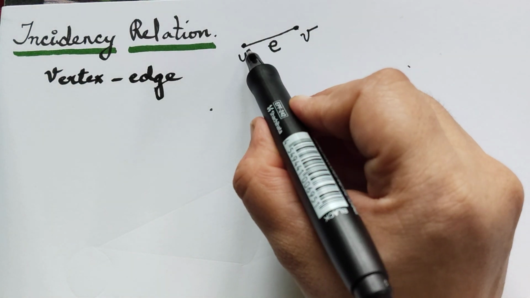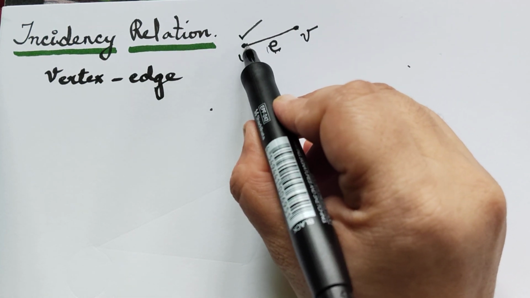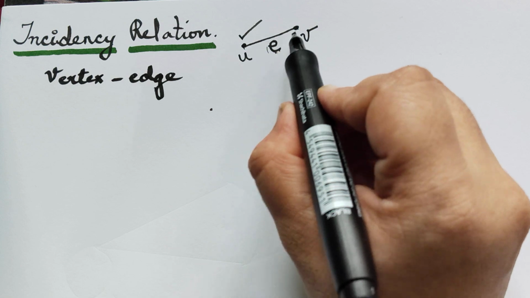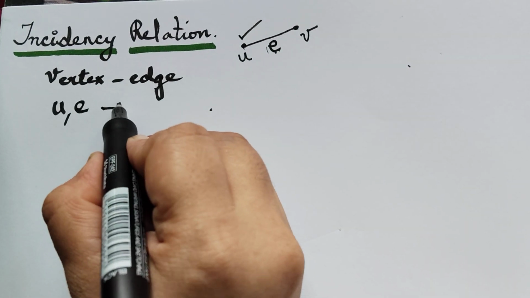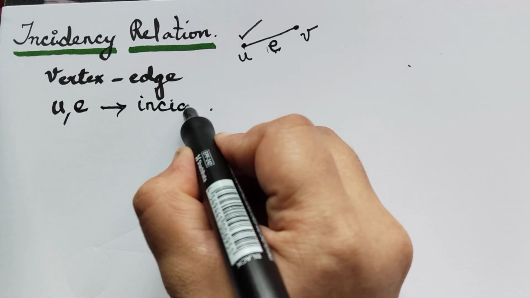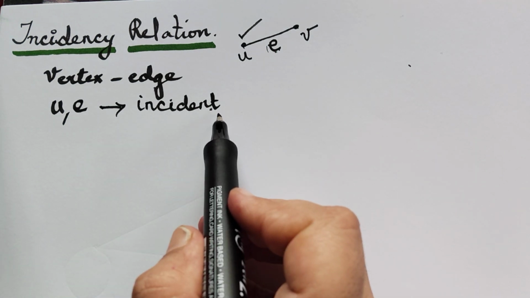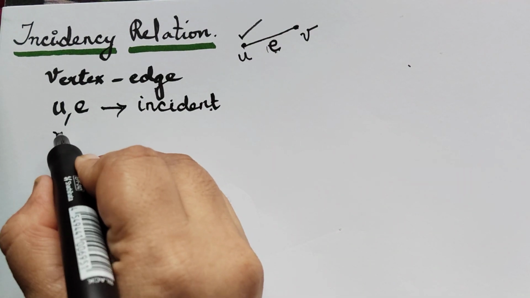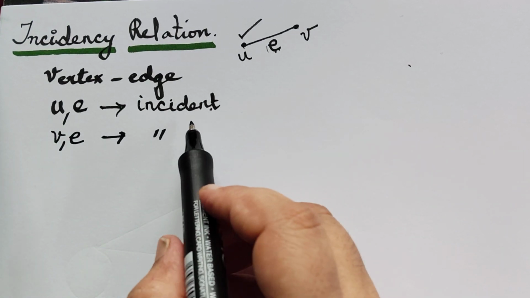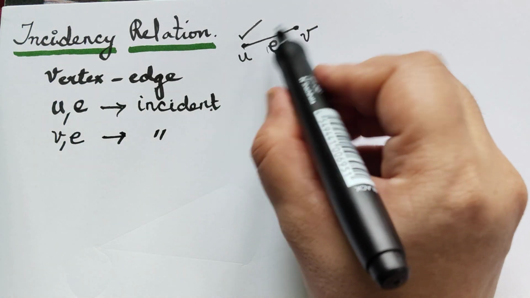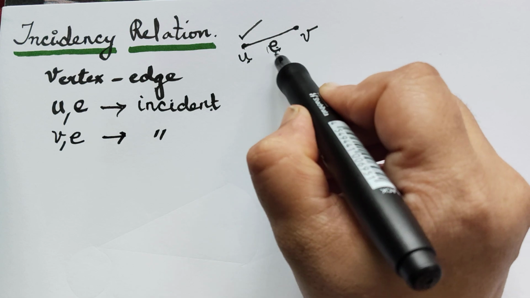If you see here, this edge e is incident with u, which means there is an edge emanating from u. Also it is incident with v. So u and e are incident to one another. So the pair is formed in this manner. Similarly, the vertex v and the edge e are incident to one another. So, when there is an edge emanating from a point u, then the edge and the point are said to be incident to one another.